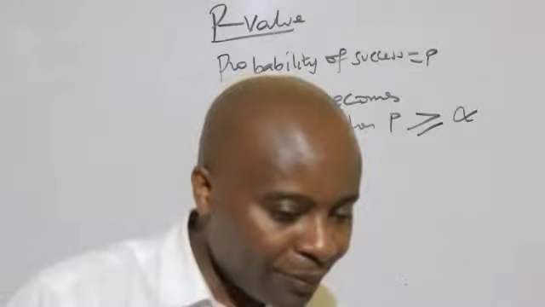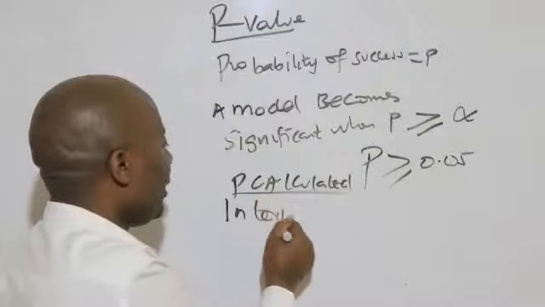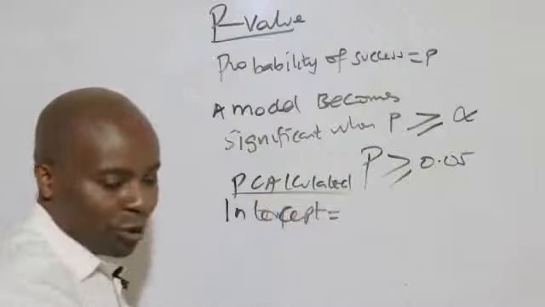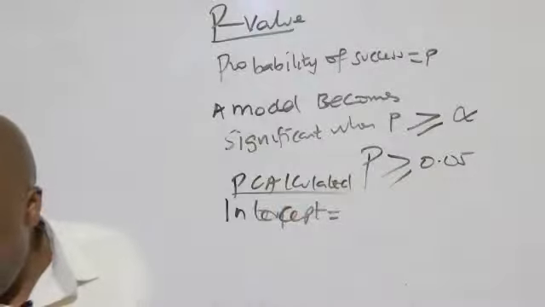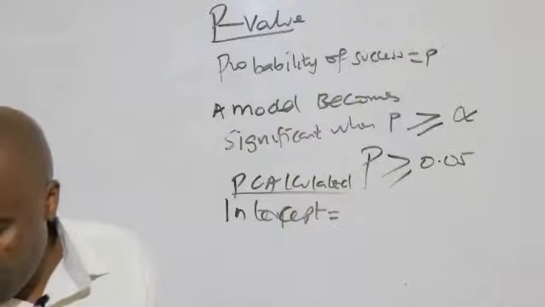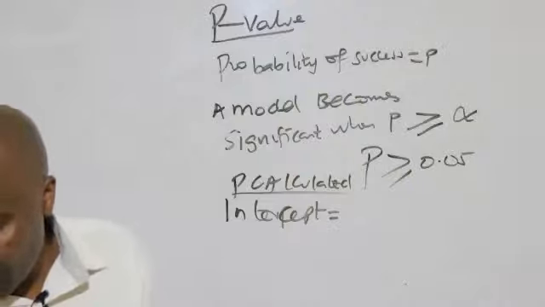Just that. And you can see the P values given, ladies and gentlemen. You can see the P calculated given here, like the intercept. What do we have here for the intercept? I can see straight away the P value is 0.47.